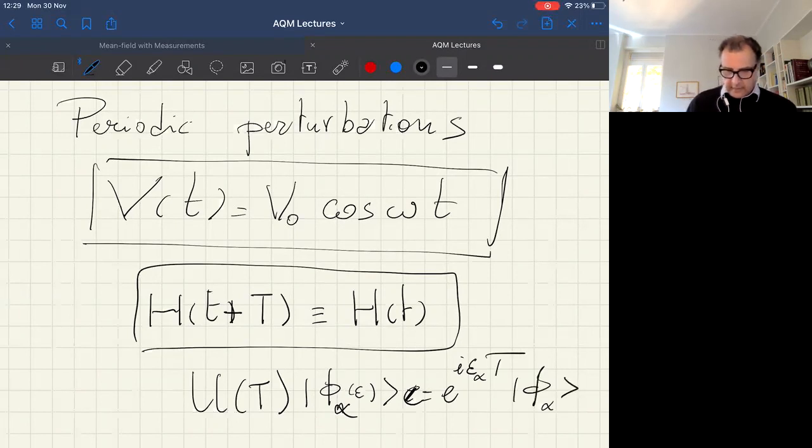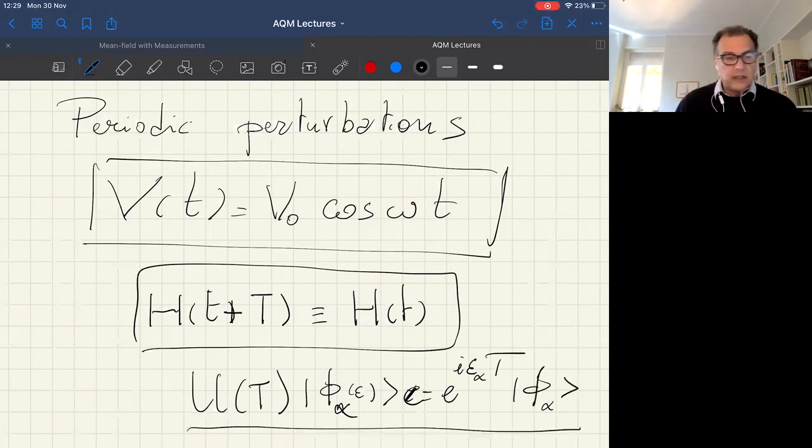So it can be expressed using something like this, where these are called Floquet eigenstates and these are Floquet quasi-energies.